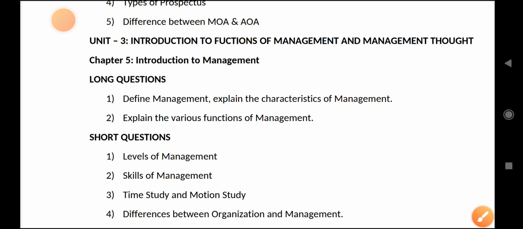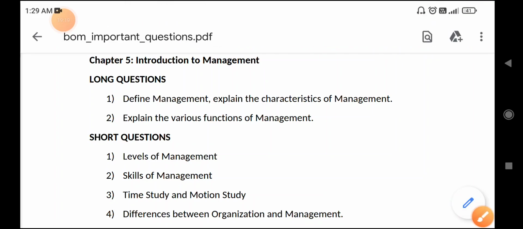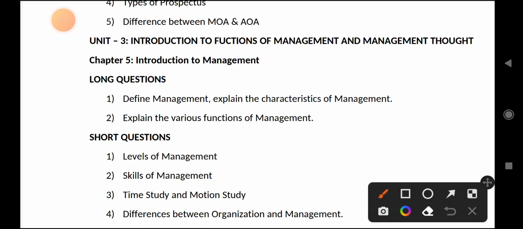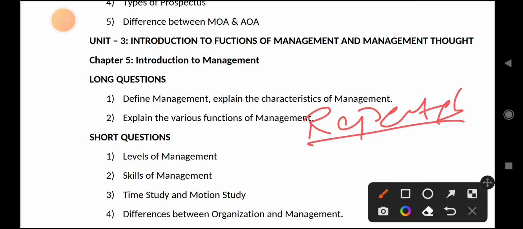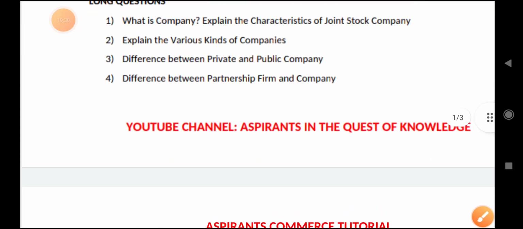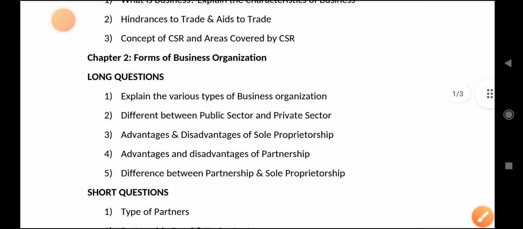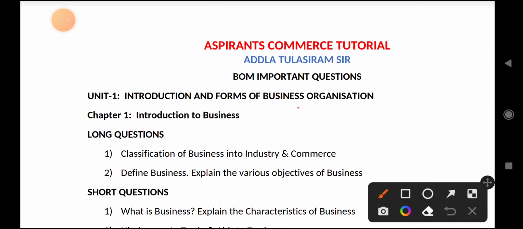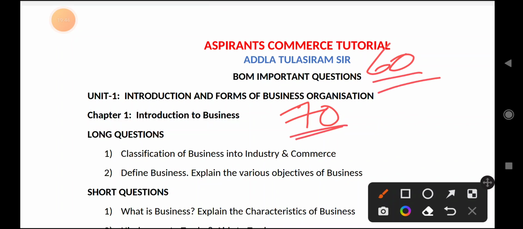Why? Because less number of questions are there, less number of topics are there, and they'll come repeatedly. So if you learn these 3 units perfectly, and first 2 units only important questions also, you can easily get 70 marks, 60 marks even, depending upon your presentation, out of 80, I am telling.